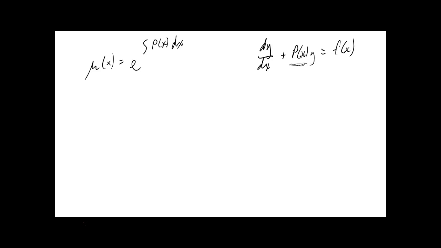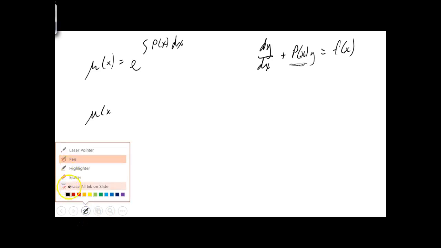So what we're going to do is multiply every term on both sides of the equation by this integrating factor. That will give you mu of x, I'm sorry, let's not call it mu of x, let's put what it actually is.